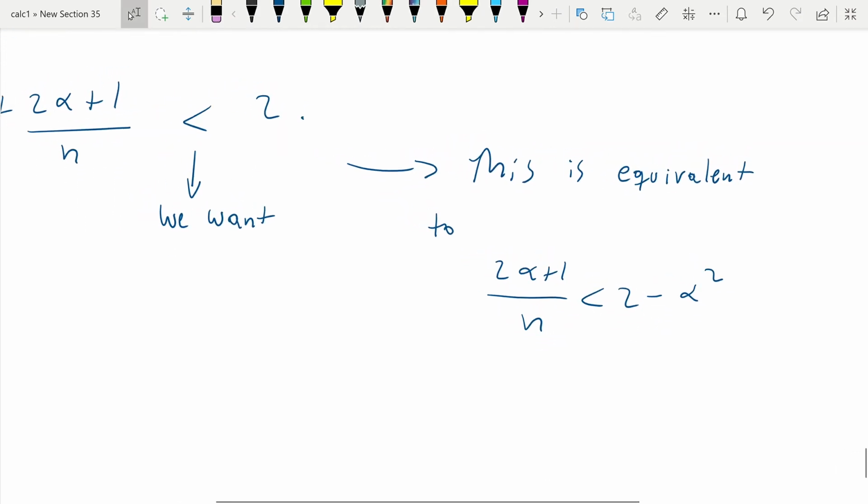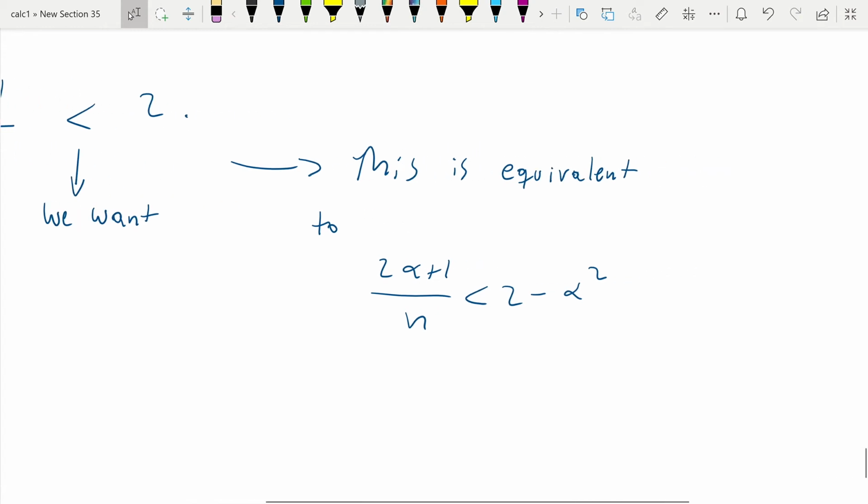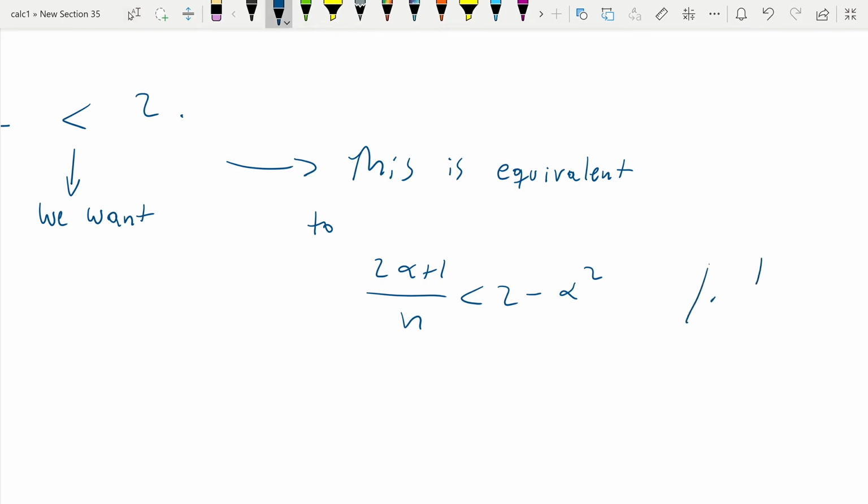Okay, so (2 alpha + 1)/n is less than 2 minus alpha squared. Alpha being the upper bound has to be positive, so we can divide by 2 alpha plus 1 on both sides.